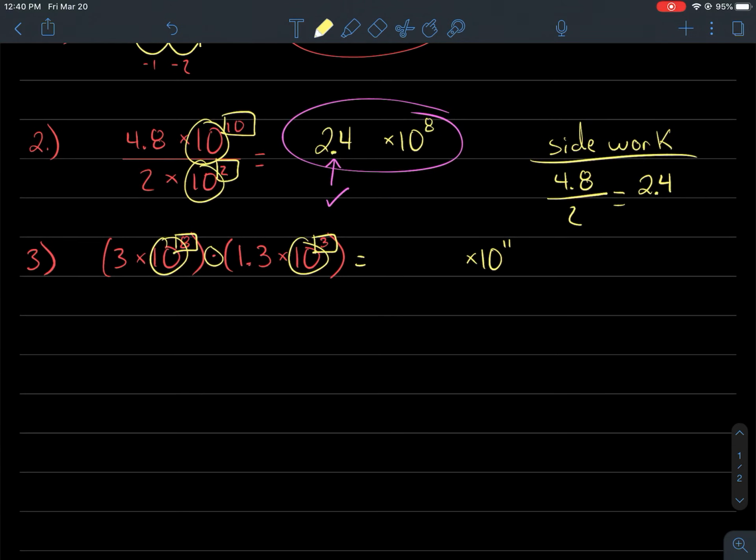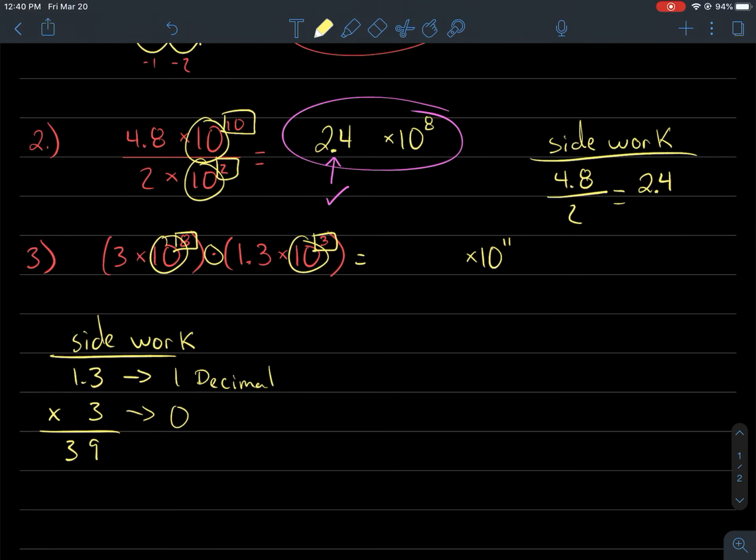Now we just need to do a little bit of side work. Just remember, we don't use calculators. Hopefully at home you're not using a calculator. We need to do 1.3 times 3. So 3 times 3 is 9, and 3 times 1 is 3. The number on top had 1 decimal place, and this one had 0, so our final answer will have a total of 1 decimal place.